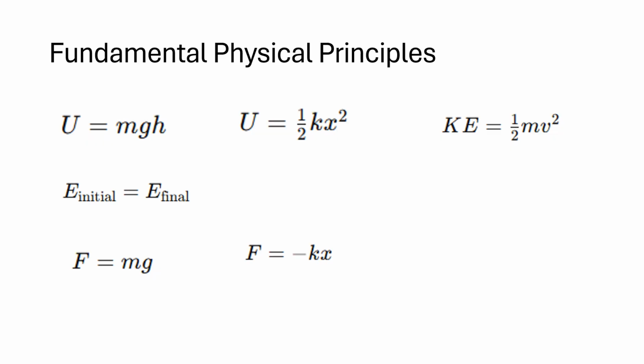So some fundamental physical principles are the energy equations, U_G equals mgh, U_S equals 1/2 kx squared, and kinetic energy equals 1/2 mv squared. And then the conservation of energy principle, which is that the energy in the system initial equals the energy in the system final.